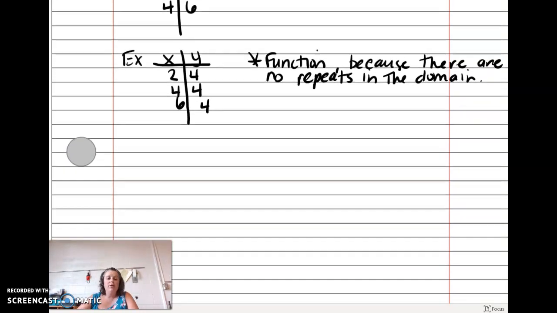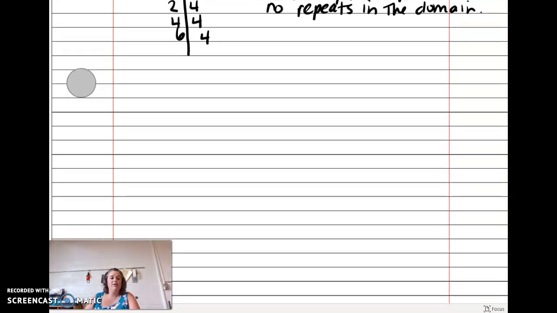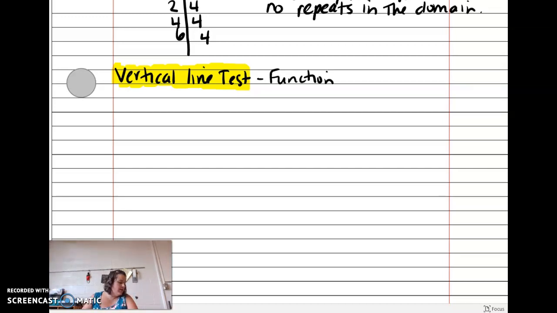Another way, if I just give you a graph, looking at those graphs that we just did earlier, is the vertical line test. So one way to tell if a graph is a function or not: does it pass the vertical line test? The function can only cross a vertical line once.